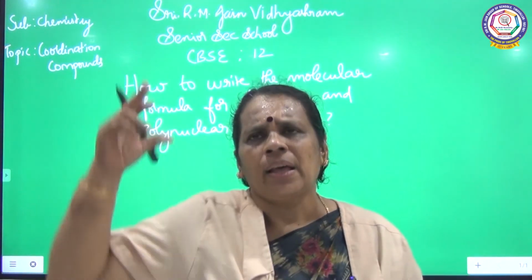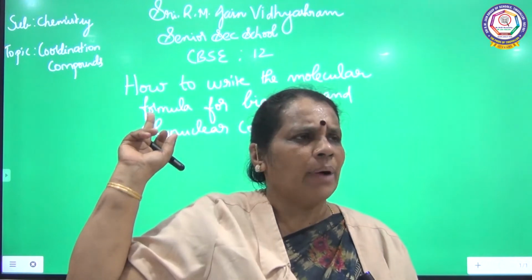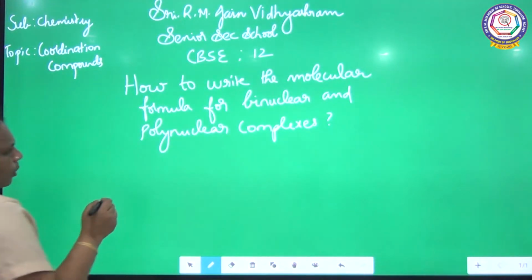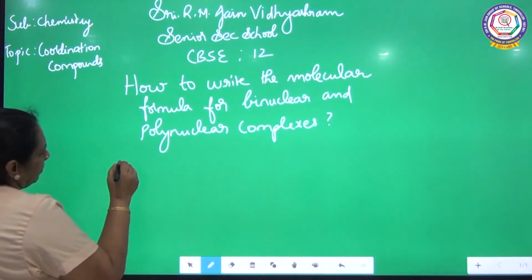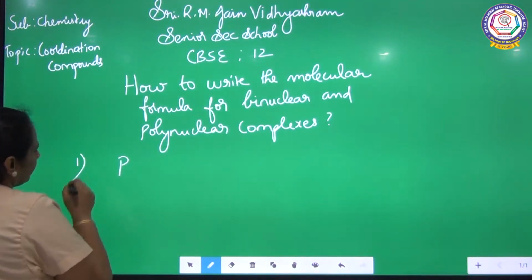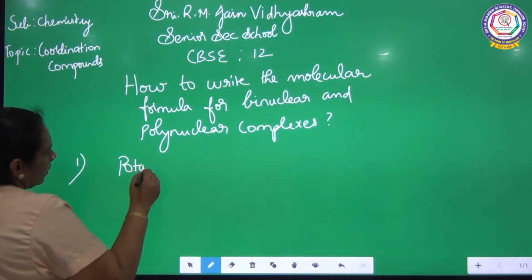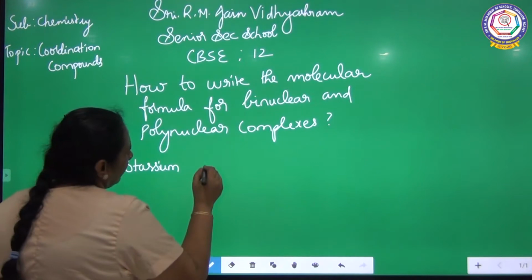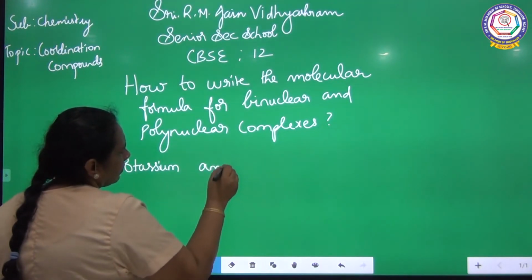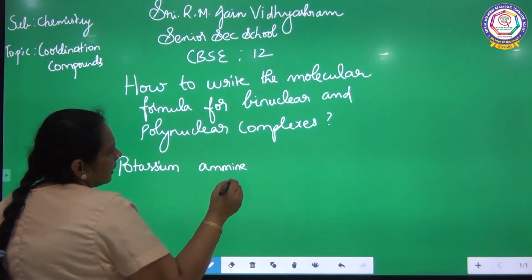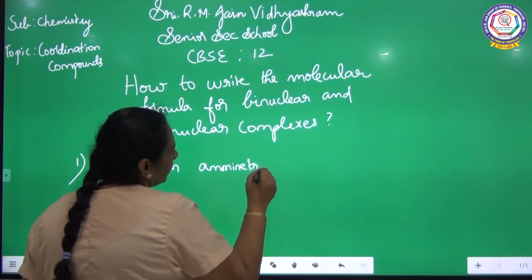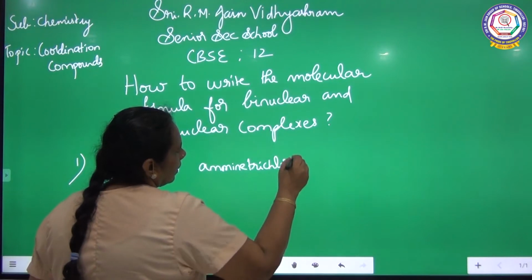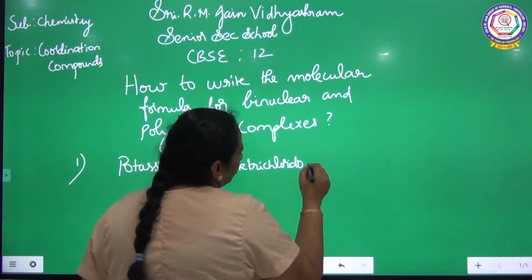To start with, I am going to deal with the binuclear complexes. The first example is a compound like this: potassium, amine, trichlorido, platinate 2.